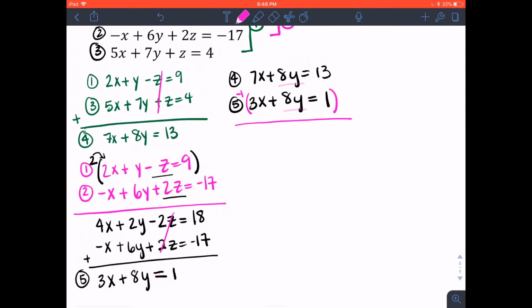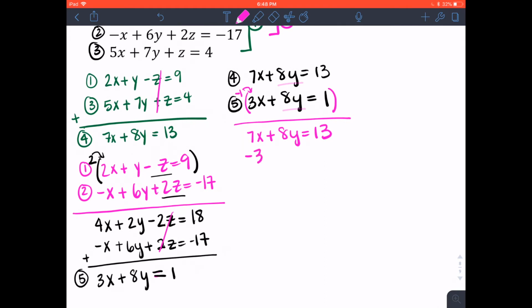So I'm going to distribute. But before I can do that, let's bring down the fourth equation. So that's 7x plus 8y equals 13. Distribute this negative 1, which is going to be negative 3x minus 8y. And then I need to multiply it to the 1 too, so that's negative 1.